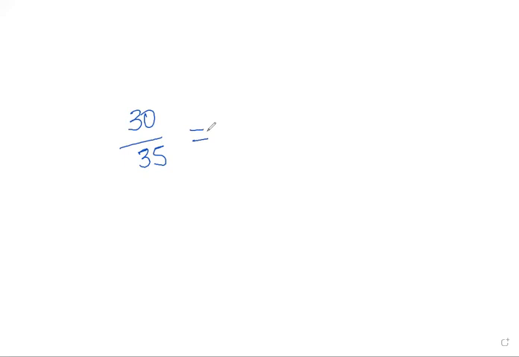It's not very common, but useful, and very useful in the other math sections. What you should do is have each number divided into components. What is 30? In 30, you can divide it by 2, and what is left? 15. 15, you can divide by 3. What is left? 5. And 5, you can divide by 5.